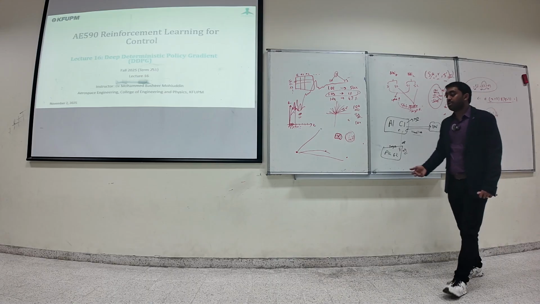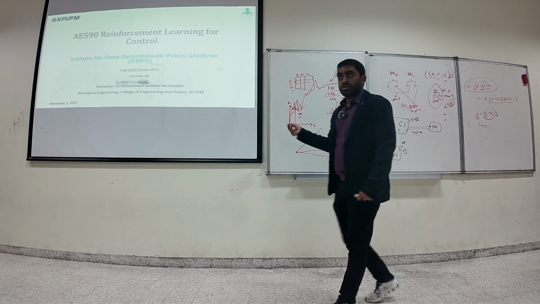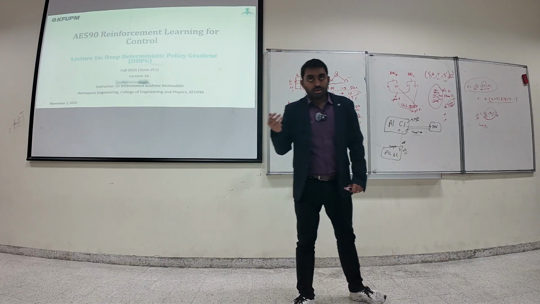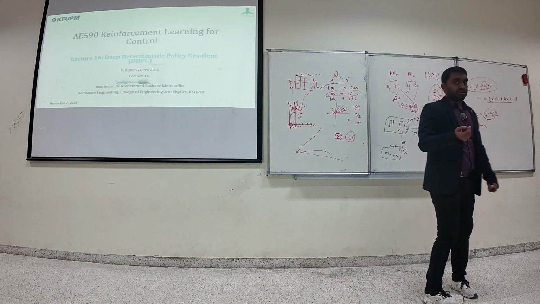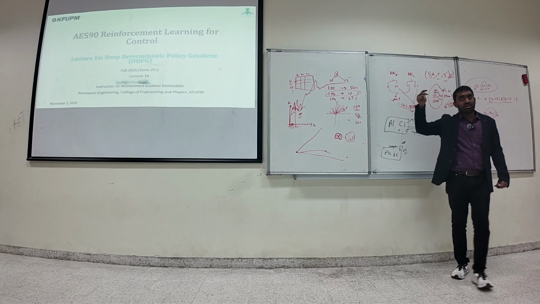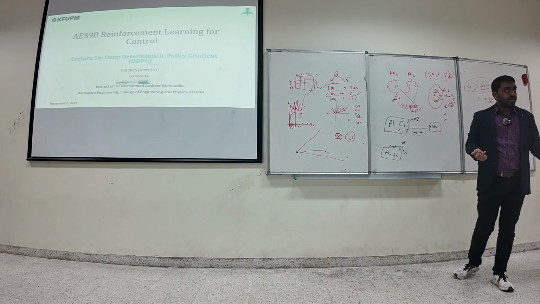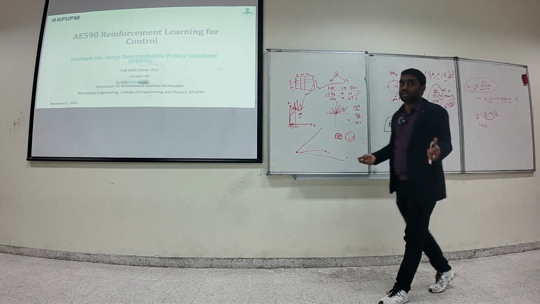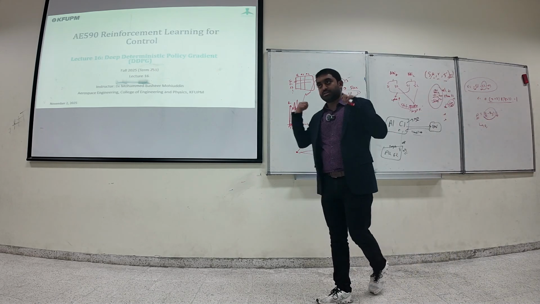And then another algorithm that we'll be studying is PPO, proximal policy optimization. These three methods, DDPG, TD3 and SAC, are off policy. PPO is on policy and it is policy gradient. It is not actor critic unlike the other three.